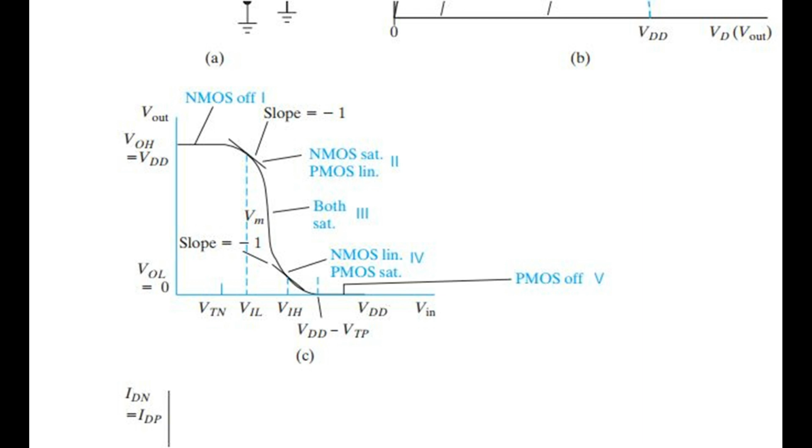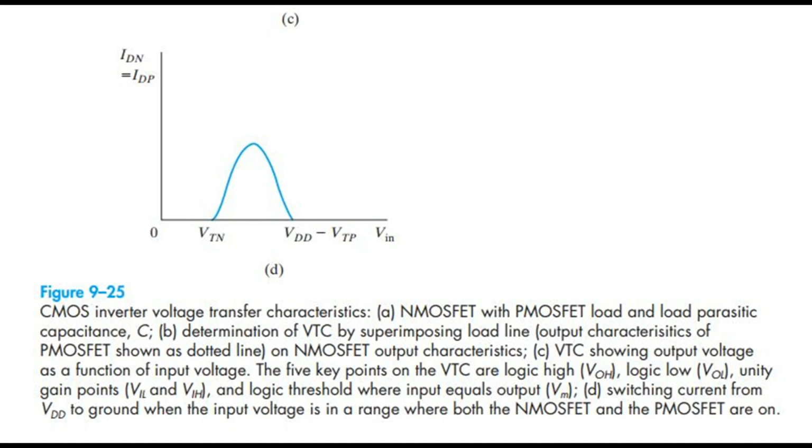Here VTN and VTP are the N and P-channel threshold voltages. In the DC case, since the output load capacitor does not play a role, the drain current through the P-channel MOSFET device must be equal in magnitude to that through the N-channel MOSFET. However, for the AC case, we need to consider the displacement current through the capacitor.